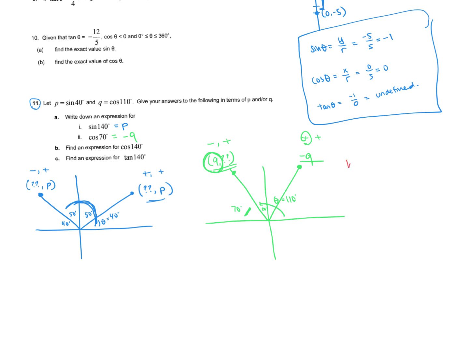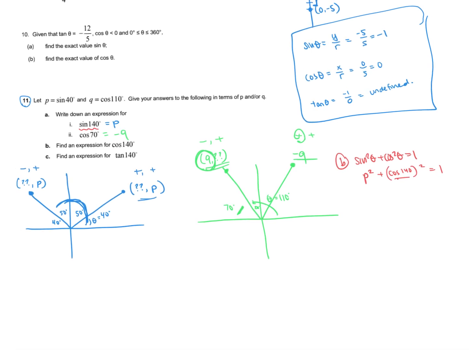Then for part B, it says find an expression for cosine of 140. So remember that sine squared theta plus cosine squared theta equals 1. Well, we know that sine of 140 is P, so P squared plus cosine of 140 squared equals 1, and we're just solving for cosine of 140.